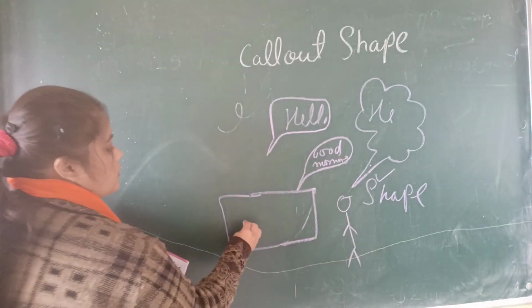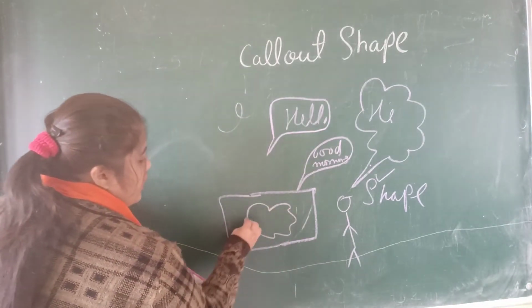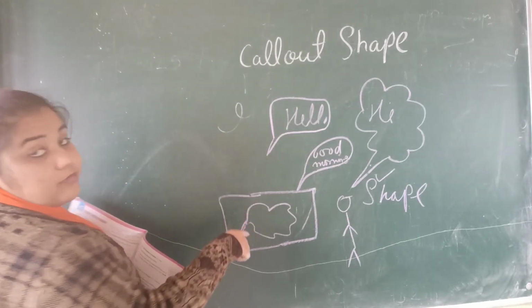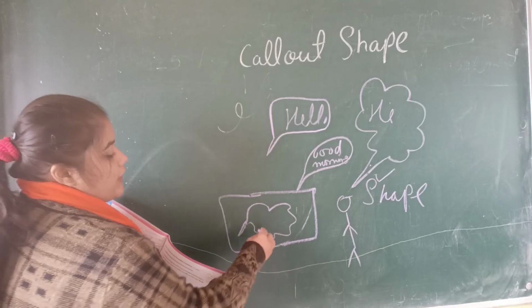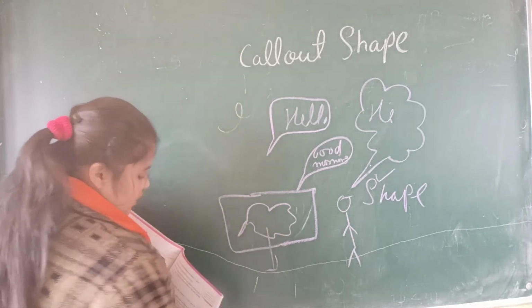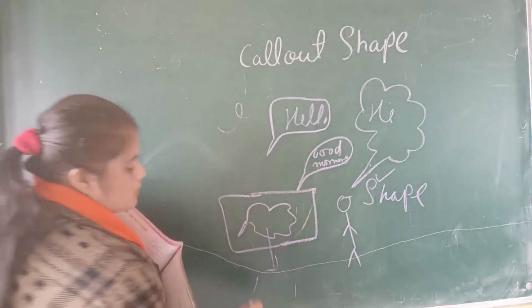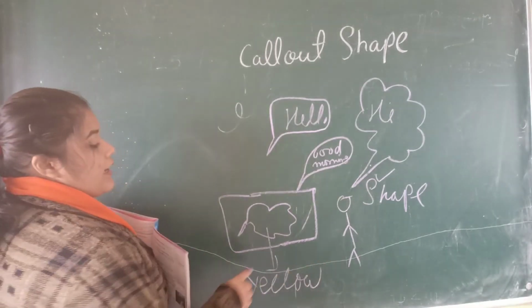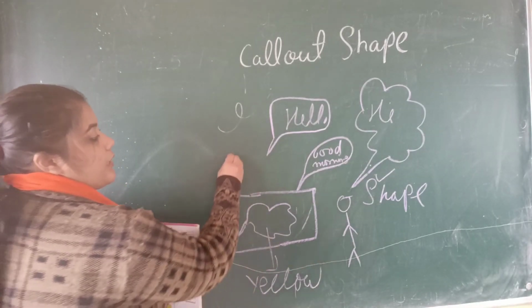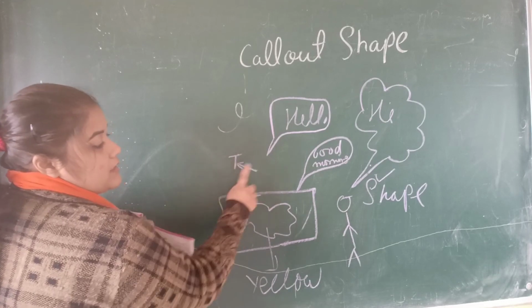Suppose here is your cloud callout and you go to this fill with color option and fill the color. Suppose we take this yellow color given here. So we are taking yellow color. Now you want to add text, so go to that text option and click on it.